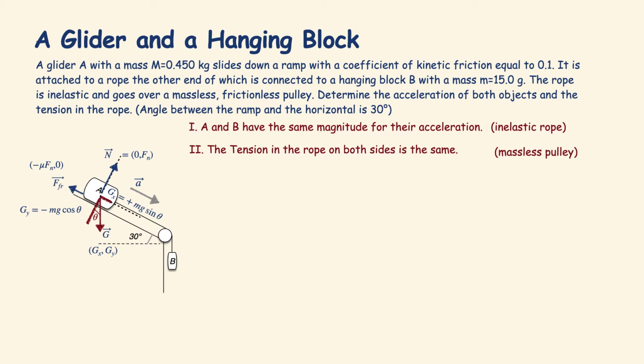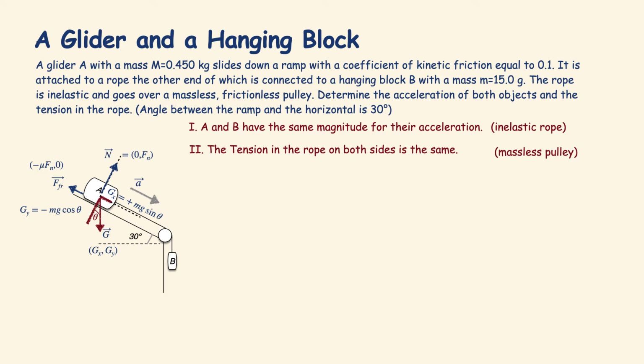How much that fraction is, is given by the coefficient of kinetic friction, in this case mu. I also marked its x component to be minus because it opposes my choice for the positive direction to be down the slope.